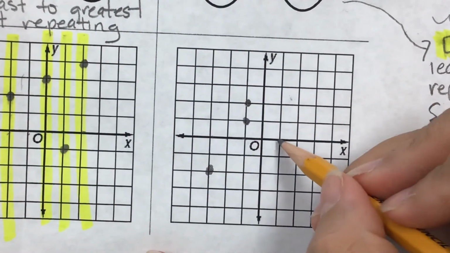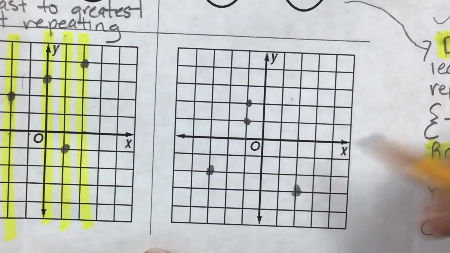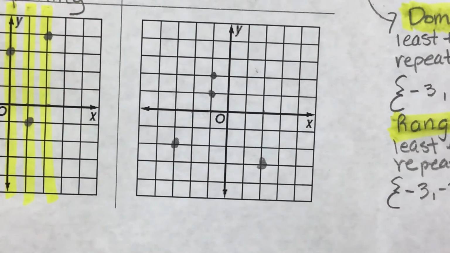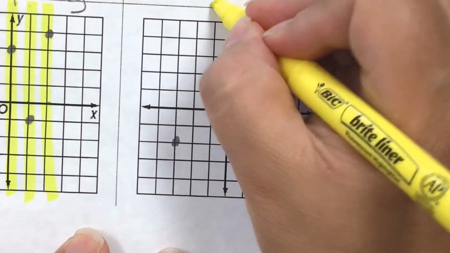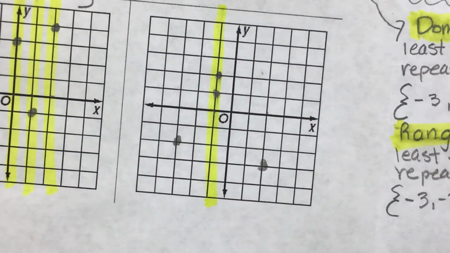The last point is 2, 1, 2, and down 3. We're still trying to do the vertical line test, but the only one that I'm going to highlight this time is this one, because that's how it fails the line test.